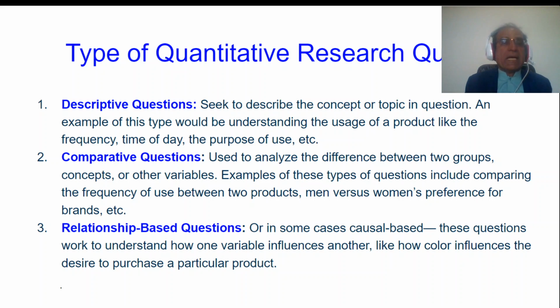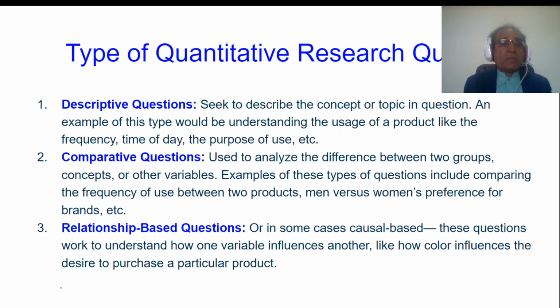The second type is comparative research questions, which are used to analyze the difference between two groups. The word difference is very important, and in most comparative research questions we use the words difference and compare.